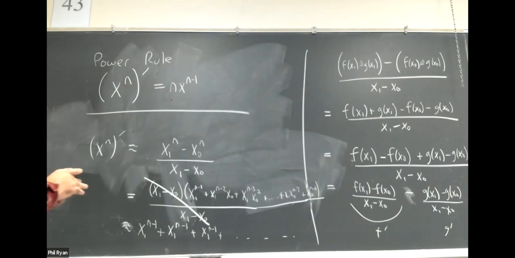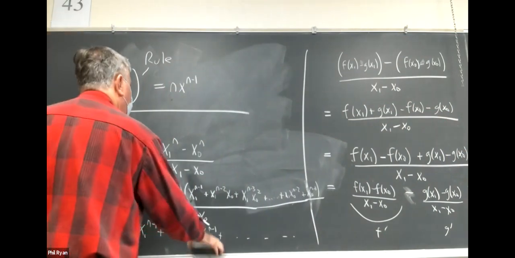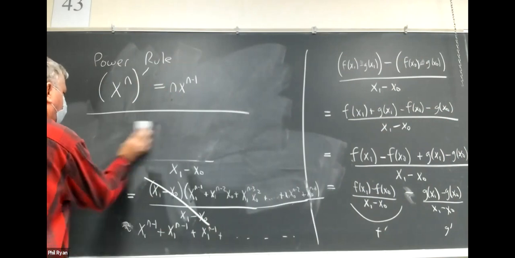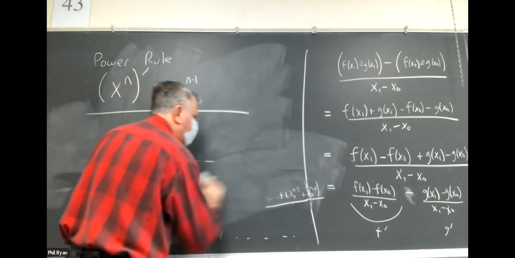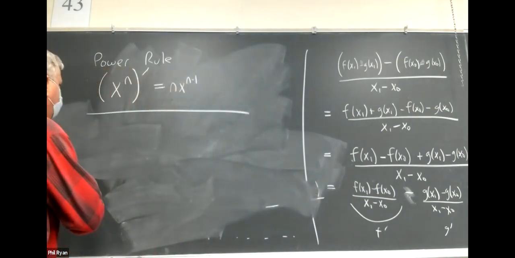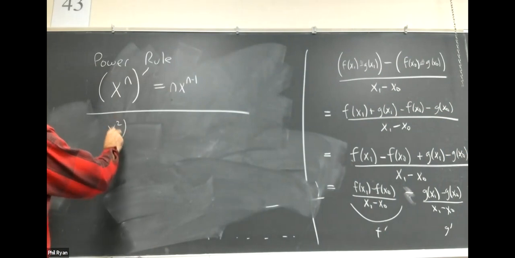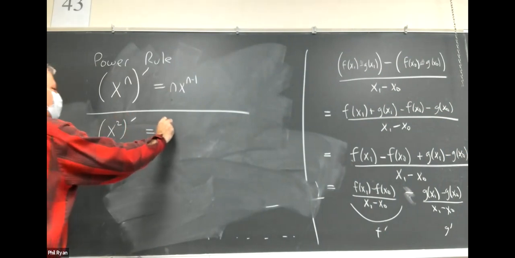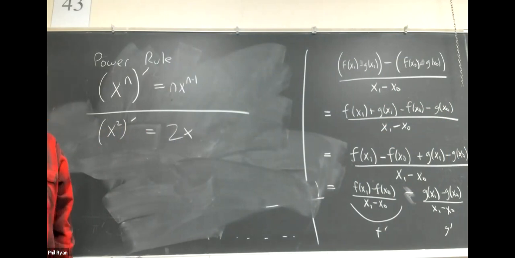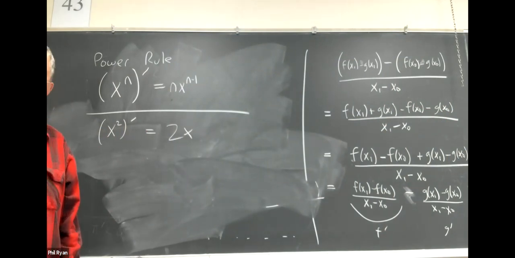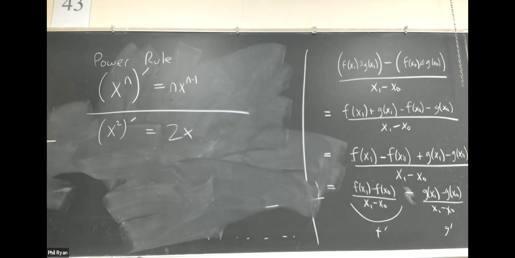Okay, and so, for example, if we've got x squared, the derivative is 2x. There's that straight line that we've seen before. Remember when we did this kind of thing and went to see what the slope is?